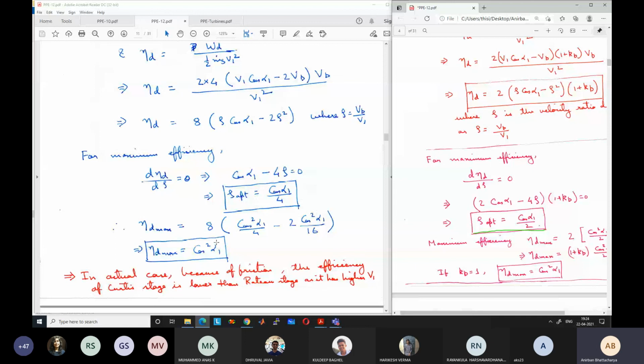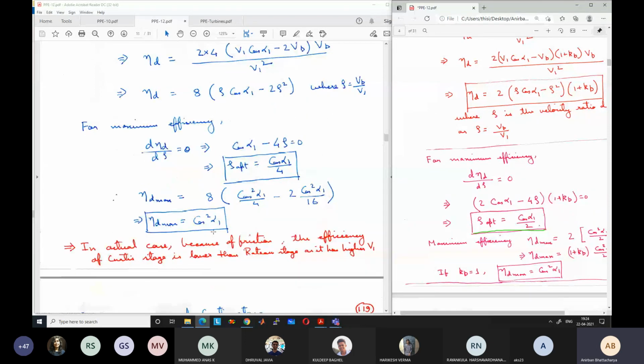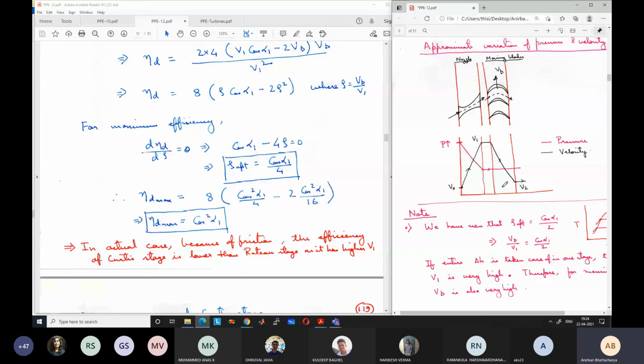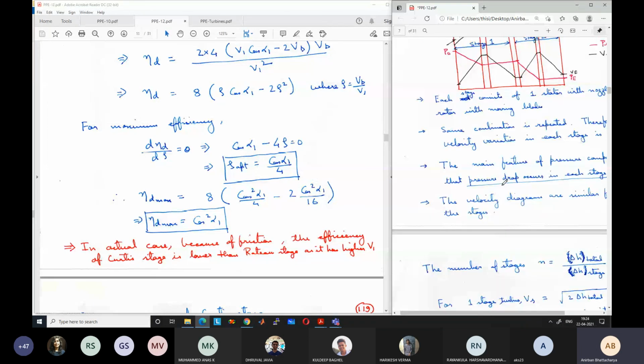However, in real life scenario, Curtis turbine has more frictional losses because the velocities we are dealing with are higher. In Curtis turbine, the inlet velocity is V1. In a multi-stage pressure compounded turbine, the velocities are much less because we are dividing the enthalpy into multiple small stages. So in real life, the frictional losses are more in Curtis turbine.